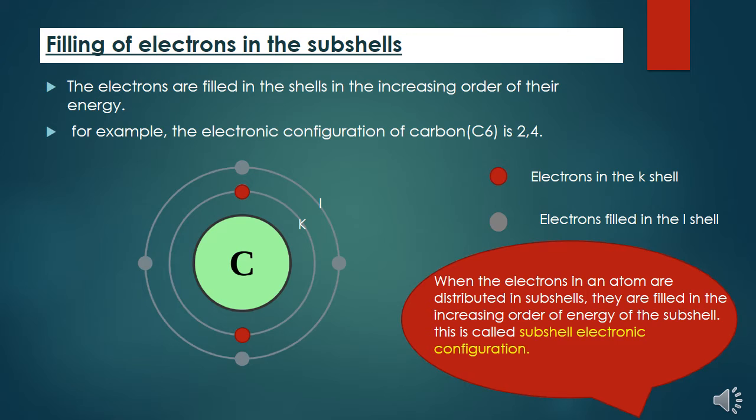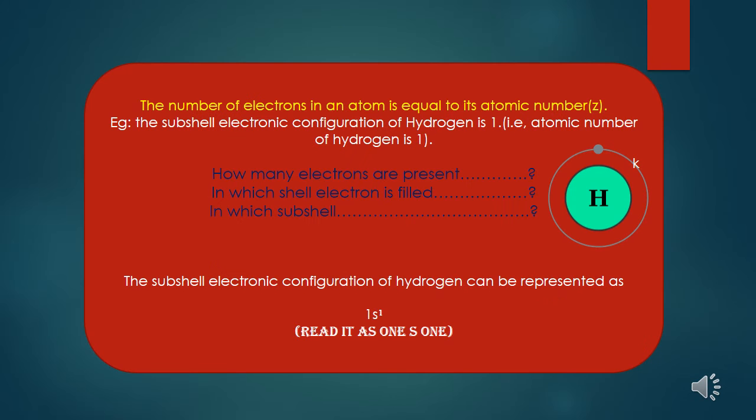When the electrons in an atom are distributed in subshells, they are filled in increasing order of their energy. This is called the subshell electronic configuration. As we discussed earlier, the number of electrons in an atom is equal to its atomic number.